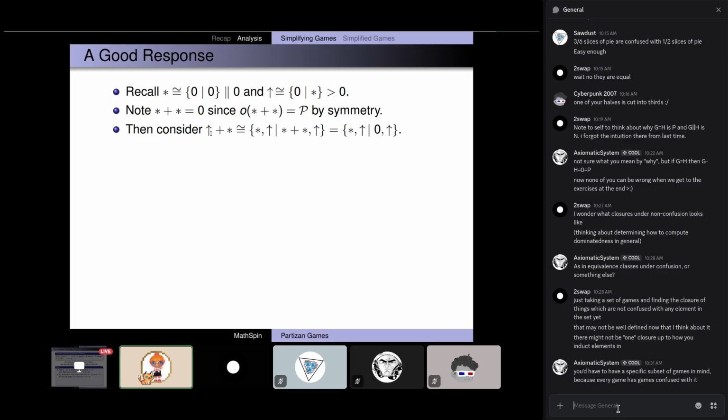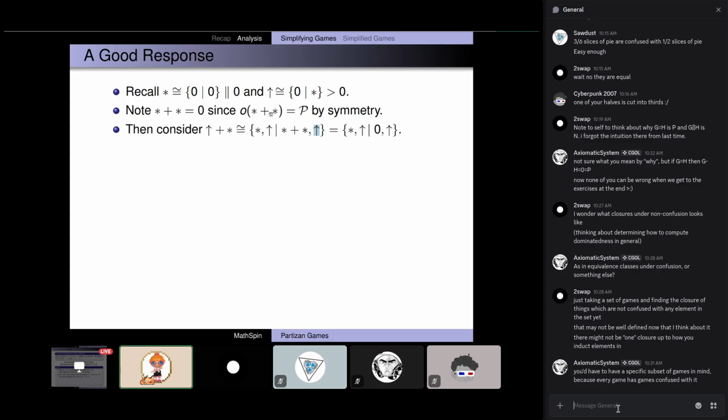Left could move in the star component, leaving up, or she could move in the up component to 0, leaving star. So those are left's options. Right could move to star in the up component to get to star plus star, or right could move in star to leave up.